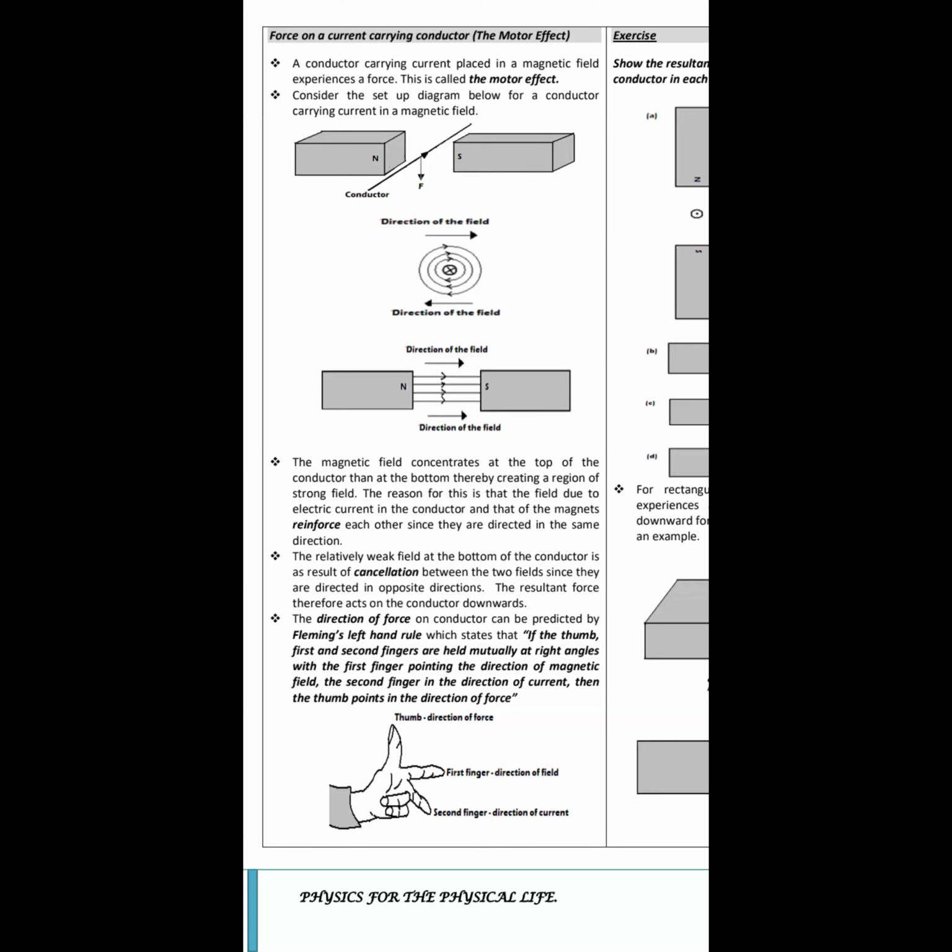And as we do this question, we know that fields normally originate from the North Pole to the South Pole. Fields always originate from the North Pole to the South Pole, meaning the first finger, which is pointing the direction of magnetic field, will point toward the right.